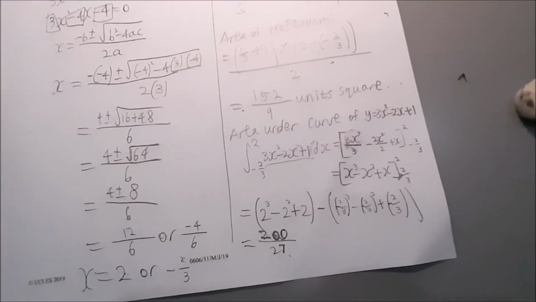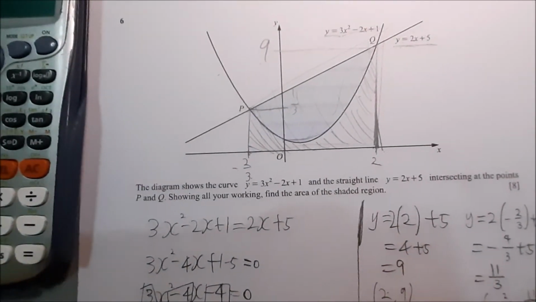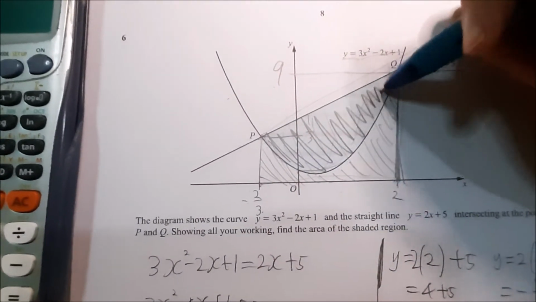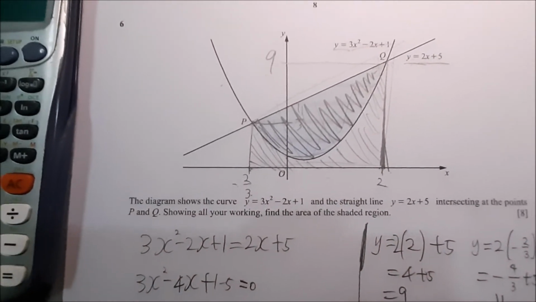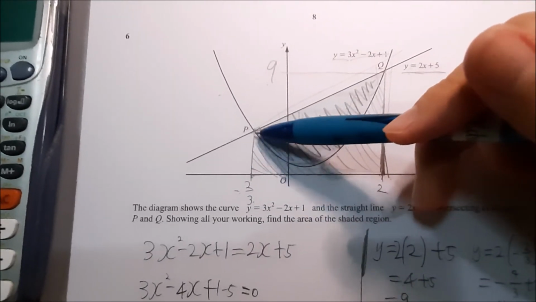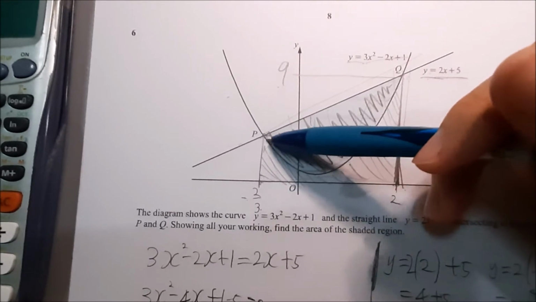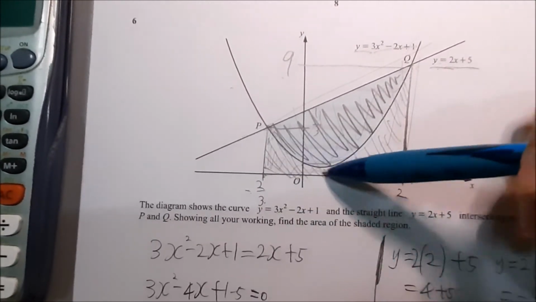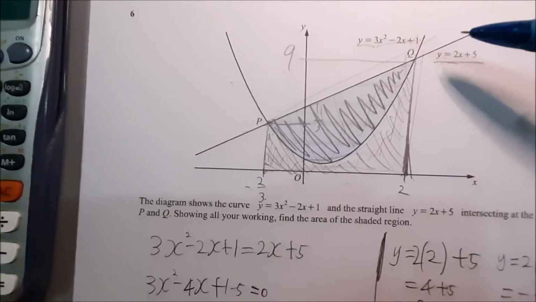After this, you have to get the area of the shaded region, which is this part right here, the blue part. So what you have to do is subtract the area under the curve from the area of the trapezium.